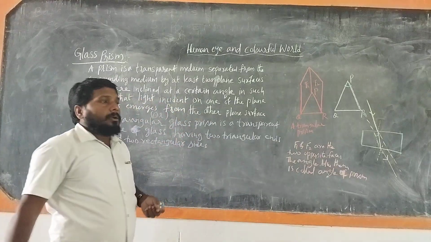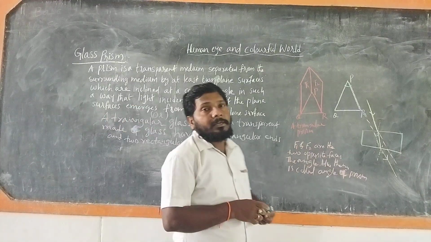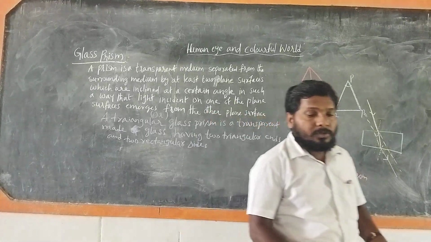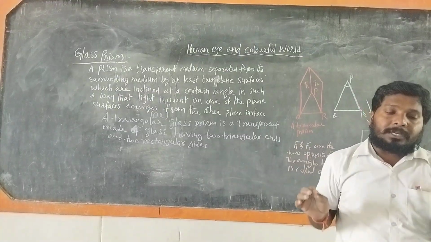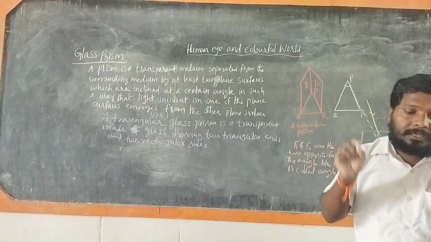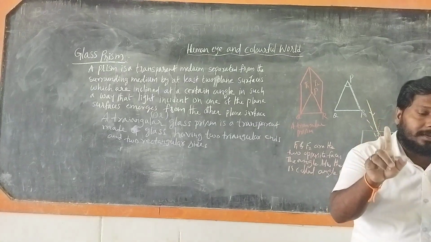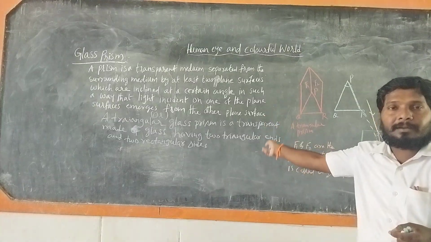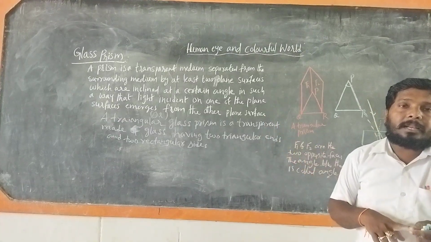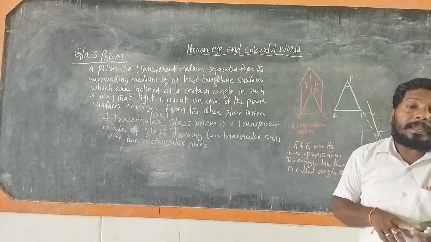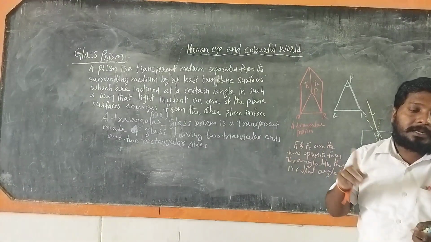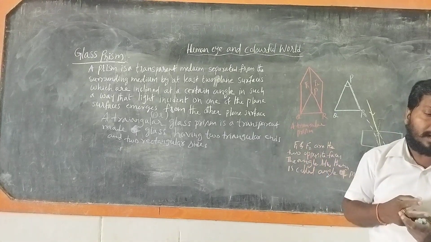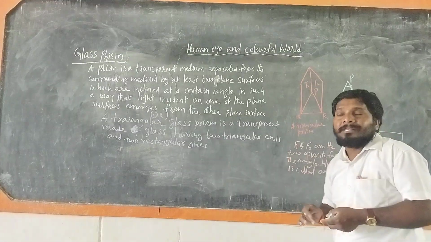In the case of a prism, the incident ray and the emergent ray are not parallel to each other. So, in refraction through a glass slab, the emergent ray is parallel to the incident ray, but in refraction through a glass prism, the emergent ray is not parallel to the incident ray, because of the opposite faces of the prism.